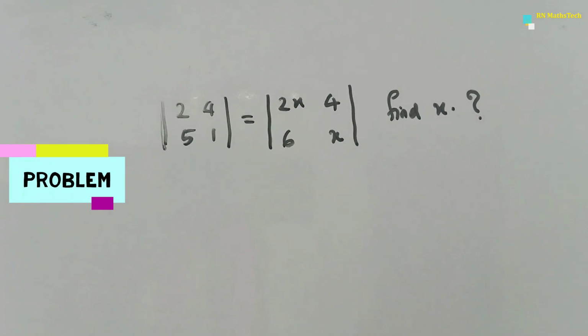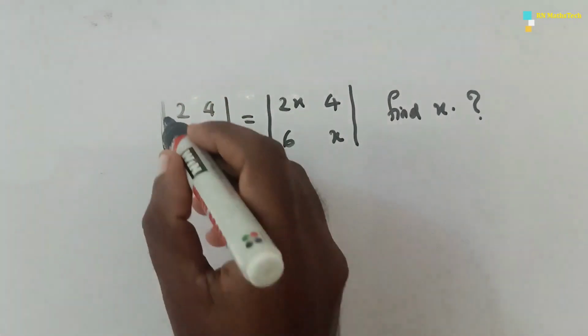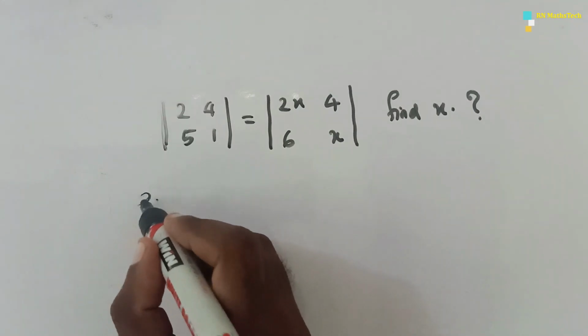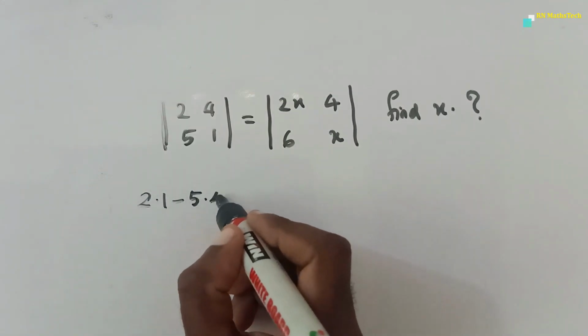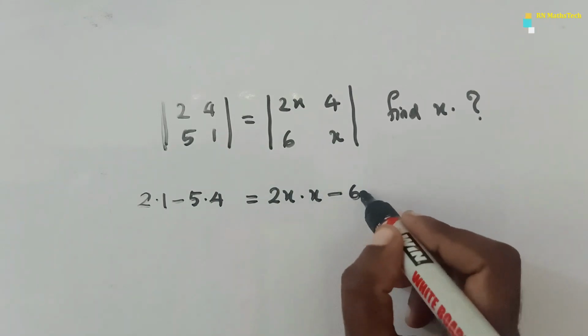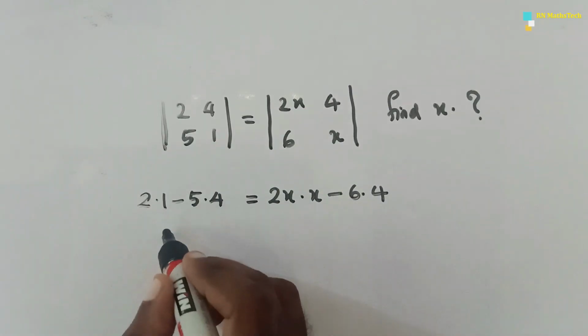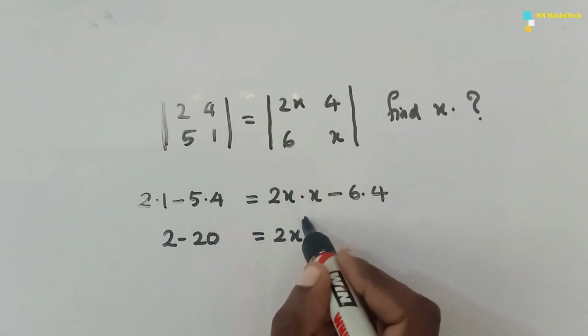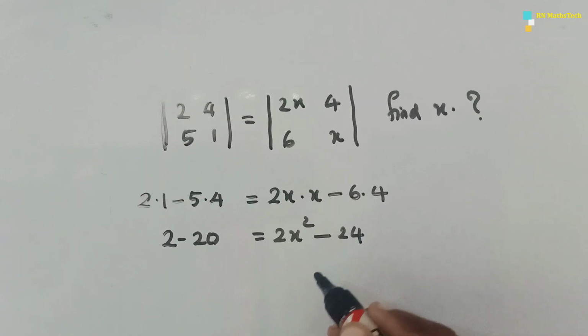If determinant 2 4 5 1 is equal to determinant 2x 4 6 x, then find the value of x. So expanding, left hand side expansion is 2 into 1 minus 5 into 4 is equal to 2x into x minus 6 into 4. Okay, now 2 minus 20 is equal to 2x square minus 24.